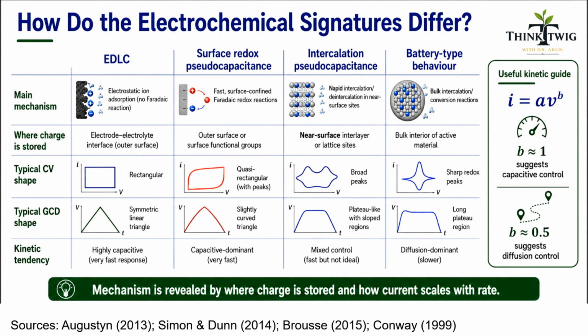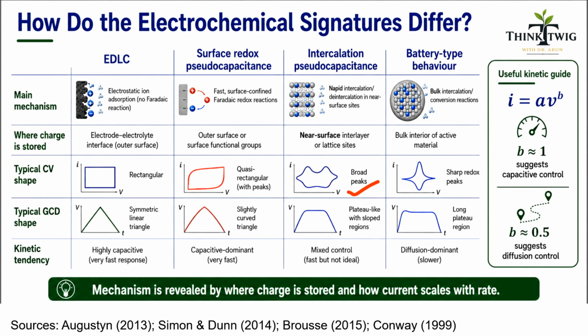Now, surface redox pseudocapacitance. Here, the charge storage includes fast Faradaic reactions at or close to the surface, and the CV can remain broadly capacitor-like but may contain broad redox features, and the GCD response may therefore become somewhat curved rather than perfectly linear. Now, intercalation pseudocapacitance. Ions move into accessible near-surface or lattice sites.